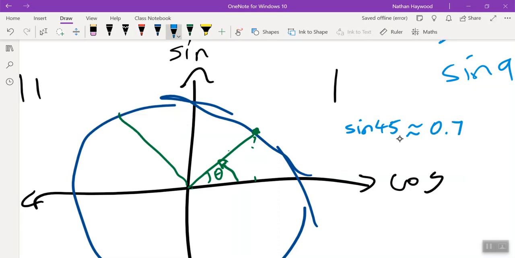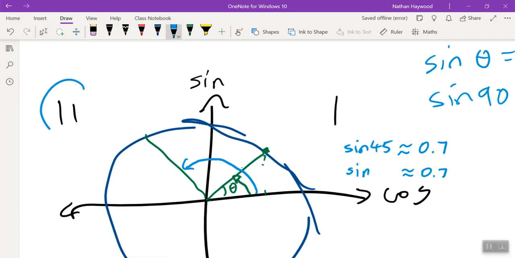If you want an angle bigger than 90 that also gives us approximately 0.7, we can look into the second quadrant, so quadrant 2. We don't know this angle, but we know on the y-axis it's going to give us the same value, 0.7.